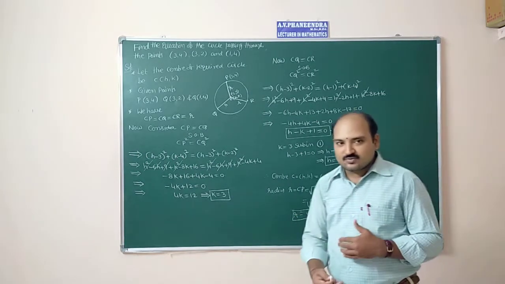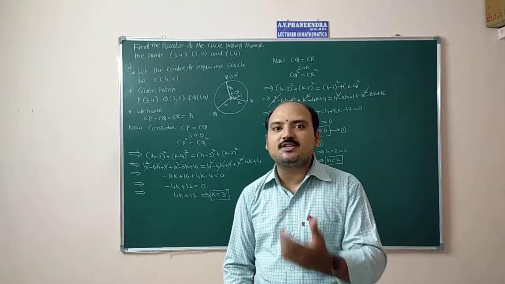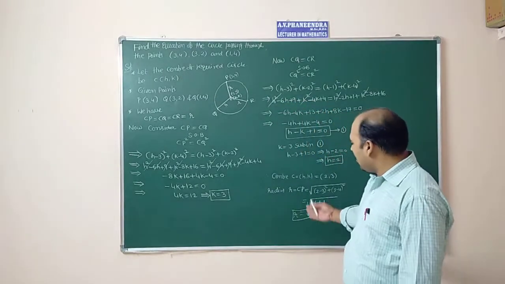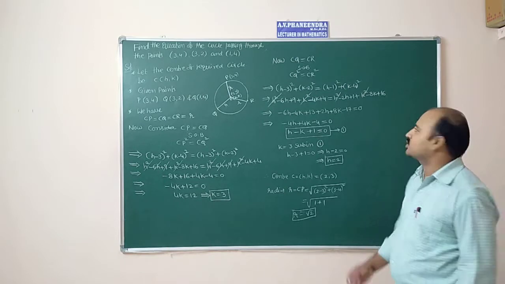In previous classes we know that the equation of a circle whose center is (h, k) with radius r is (x minus h) whole square plus (y minus k) whole square equal to r square.